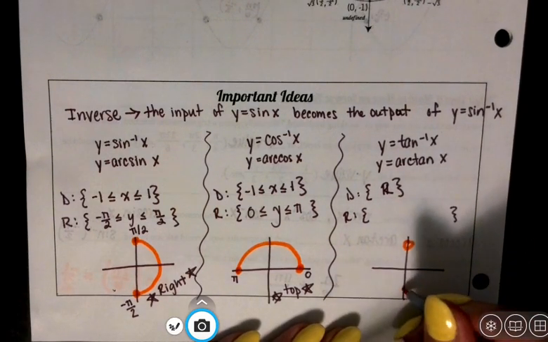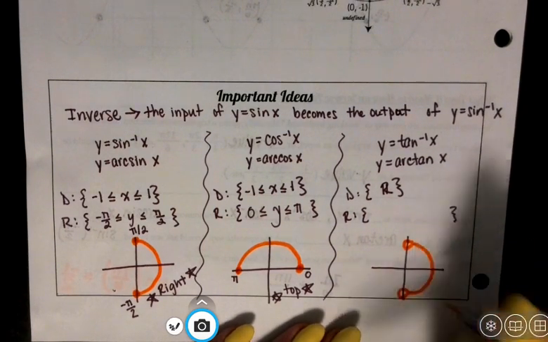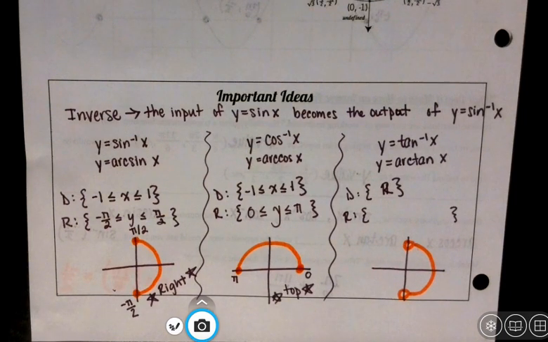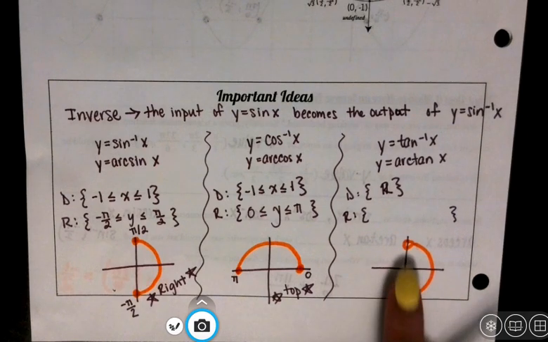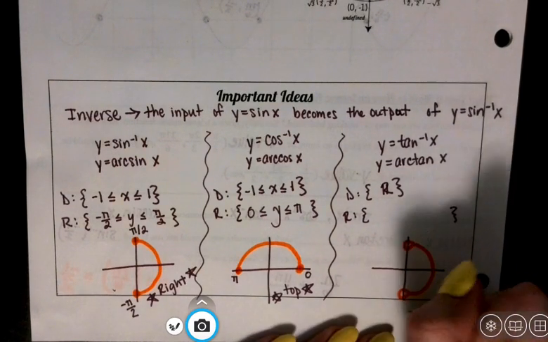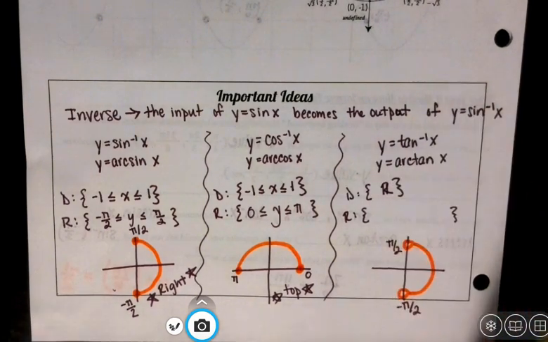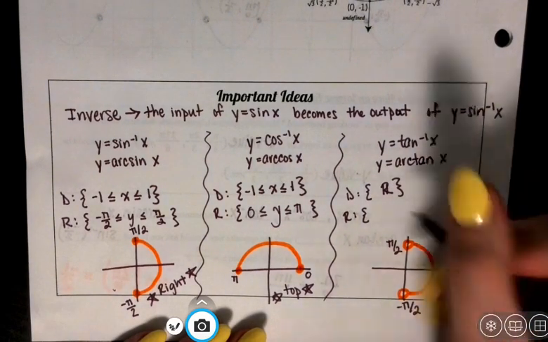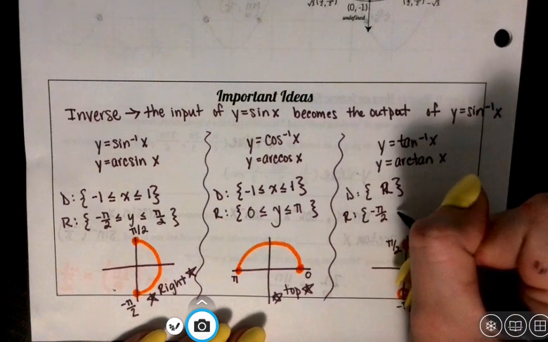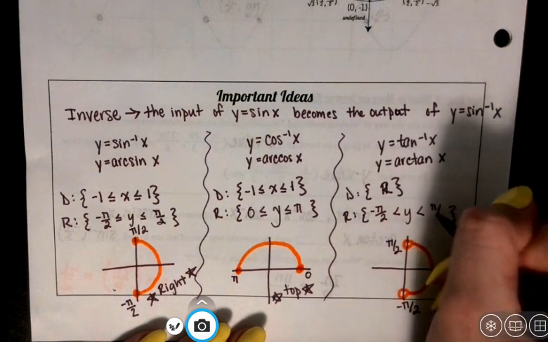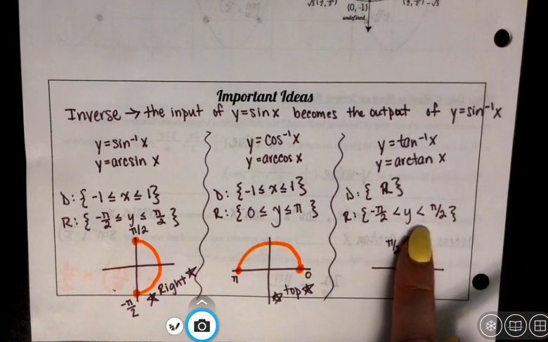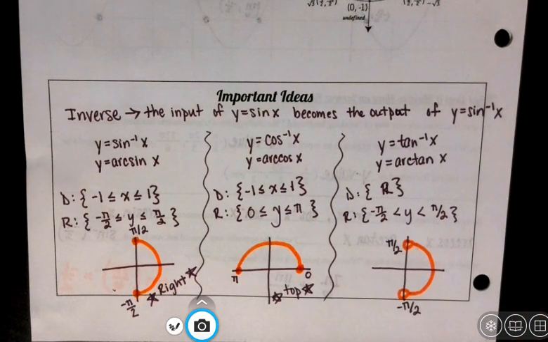And since the values at pi over 2 and at negative pi over 2 are undefined, those values cannot be included in your range. So that's why I left them as open circles. And then in our range notation, we're going to say negative pi over 2 up to pi over 2. And I don't have those lines underneath because since they're undefined, they cannot be part of that solution set. They can't be part of that range.